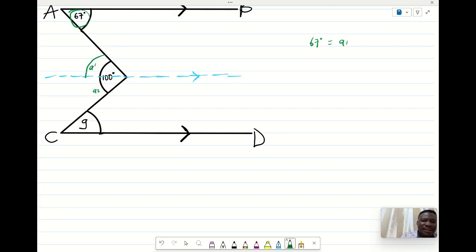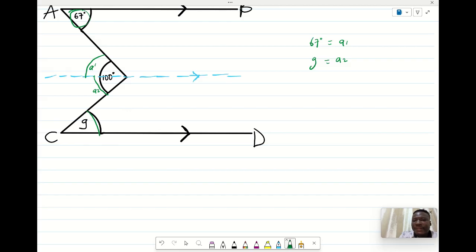Similarly, the angle G also alternates to the angle A2. So we can say that G is alternate to A2 and alternate angles are equal. So whatever value we get for A2, that will be the value for G.